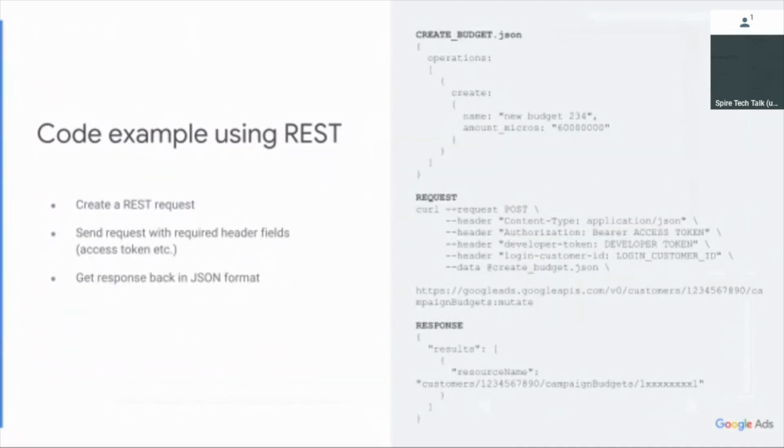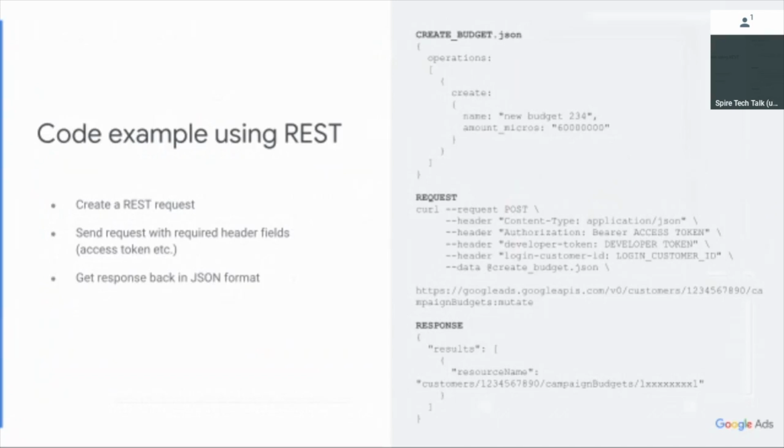And then the next step is actually making an API call. So we are trying to create a campaign budget here. You would create a JSON file that looks something like this. It's an array of operations, and each operation has a create field to which you would set a campaign budget. And that has properties like name and amount micros. These are two fields I want to set for my budget.